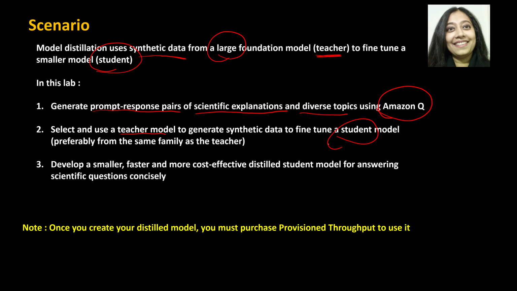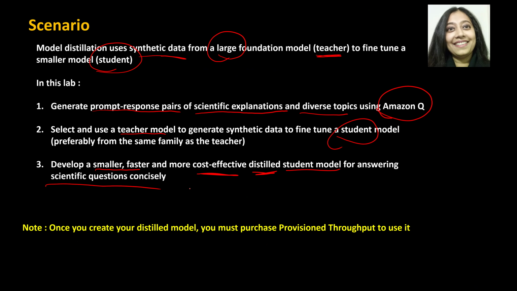And by doing this, we will develop a smaller, faster, and a more cost-effective distilled student model for answering scientific questions concisely. So I hope the scenario is absolutely clear.